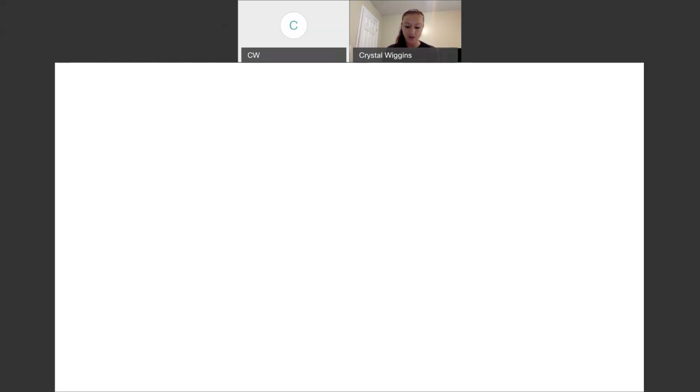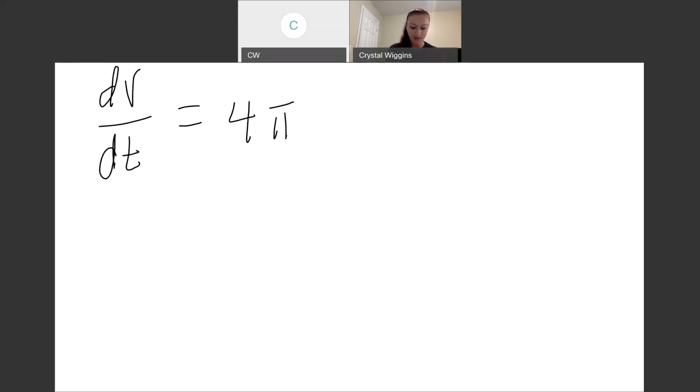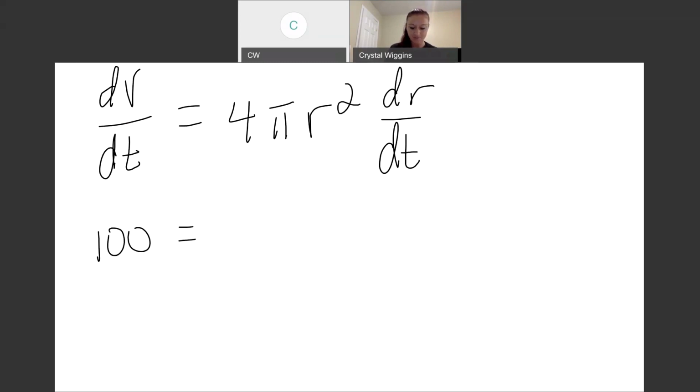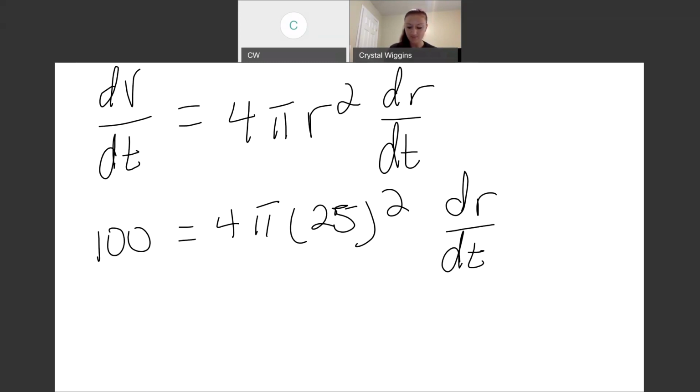So let's write down our formula again. We have dv dt is equal to 4 pi r squared dr dt, where dv dt is 100 and our radius is 25. And we are solving for dr dt.